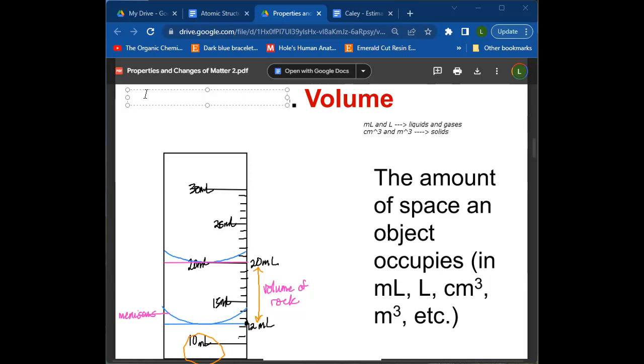Okay, so 20 milliliters minus 12 milliliters is 8 milliliters. And that's close to the volume of the rock.